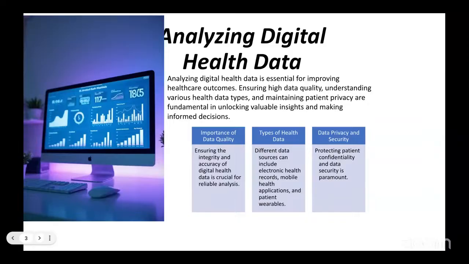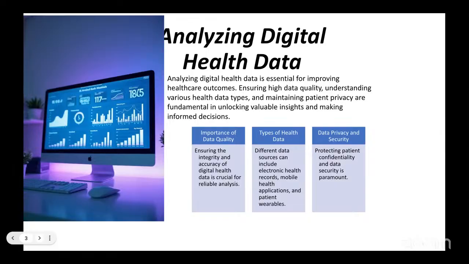So when we talk about analyzing digital health data, what should come into our mind is that we want to portray or present information, or see how to turn the raw facts into meaningful information.